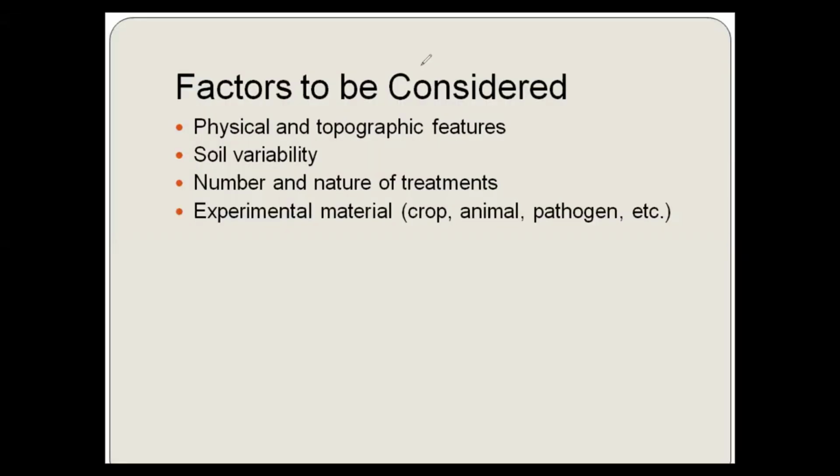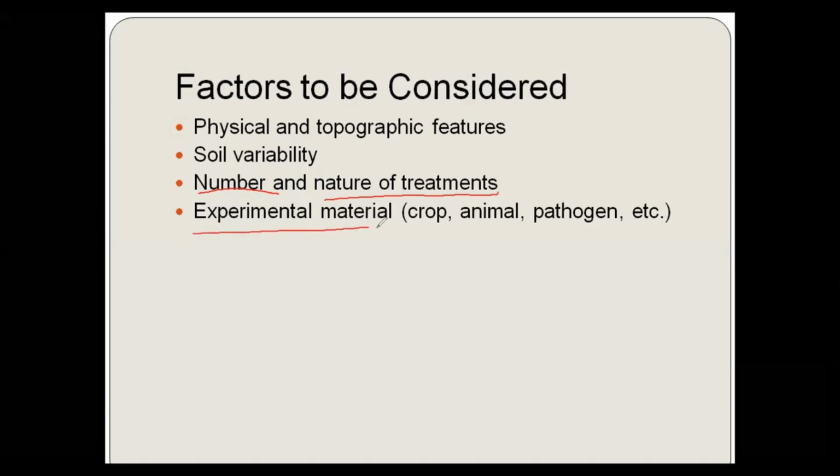That is why we said the number of treatments is also important, and the nature of the treatments is also important. This is what we have already discussed. We can't choose any level that we want; we have to adhere to some kind of criteria.